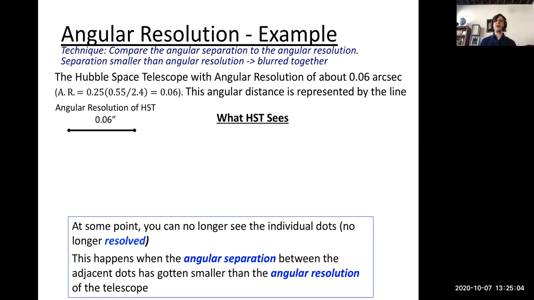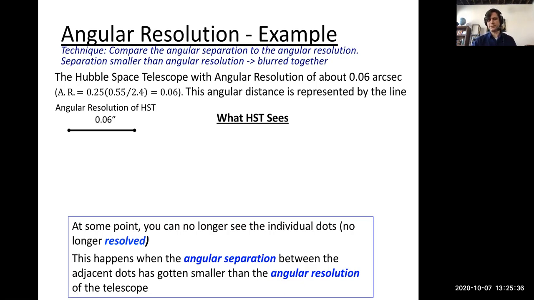Okay, let's do another practical example. Let's take the Hubble Space Telescope and play the same game that we played at the beginning of this video with Mizar and Alcor. The Hubble Space Telescope has an angular resolution operating in the visible part of the spectrum. Let's go to the center of the visible part of the spectrum, 550 nanometers, 0.55 microns. And Hubble is a 2.4 meter telescope.